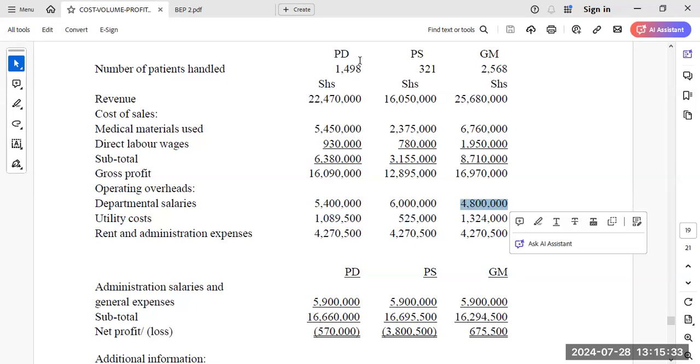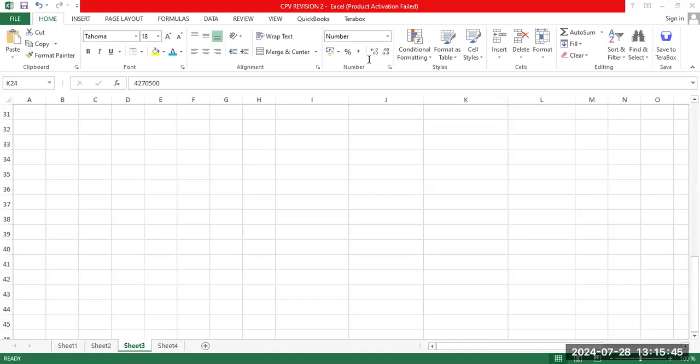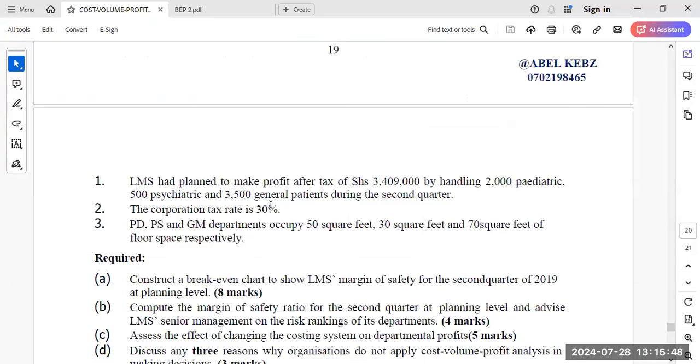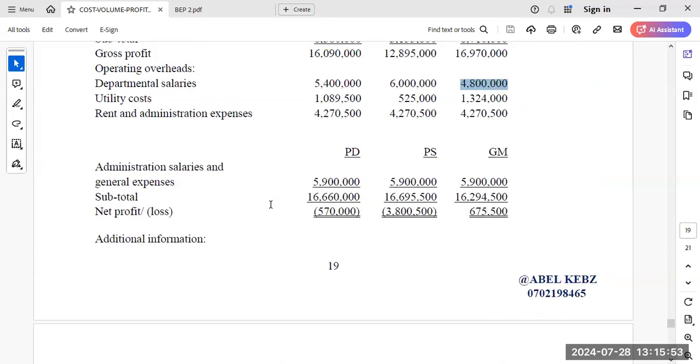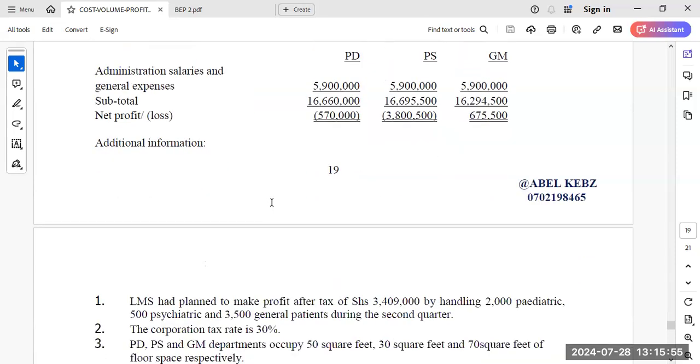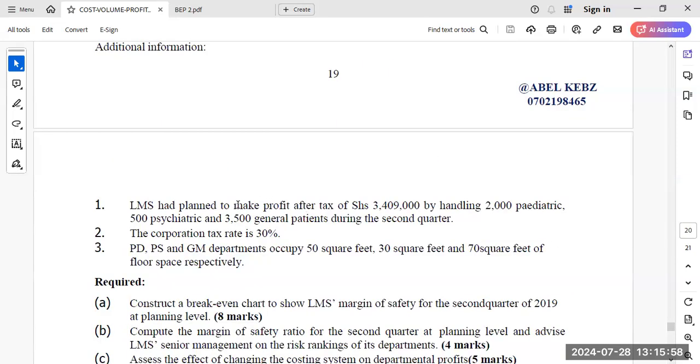How about those other costs below in the question? Let me check what those costs are in the question. Someone in the chat is saying, what about those ones? Additional information, we have only profit after tax, plus the planned patients to be handled.